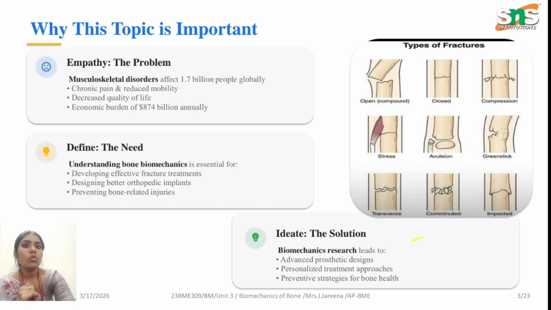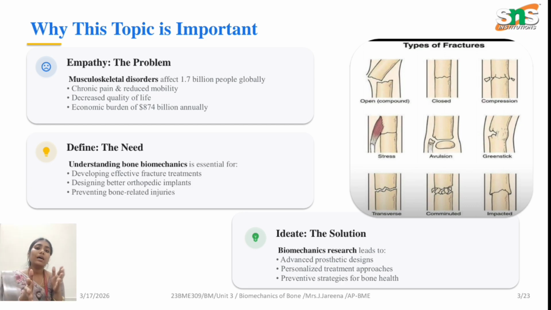Now let's see why this particular topic is important. If you have any problem with your bone, like bone pain, or a bone disorder like osteoporosis, or in some cases people meet with accidents and have a fracture in the bone, then to correct these problems, or to understand what happened in the bone, first we need to know the bone structure and the mechanical properties, and how the bone behaves when we apply any sort of pressure or force.